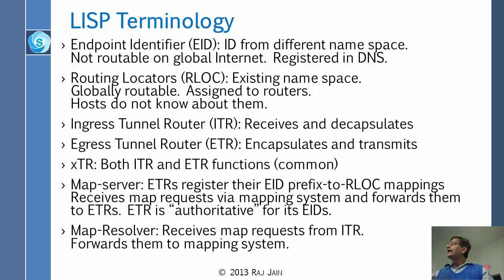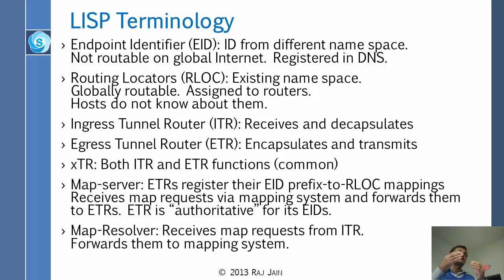These are not routable on the global internet, because addresses like 192.168, etc., are private addresses, and those are not allowed on the internet. You know that, right? Private addresses are allowed inside your site but not outside. So you could use them as IDs, but you register them with your DNS.